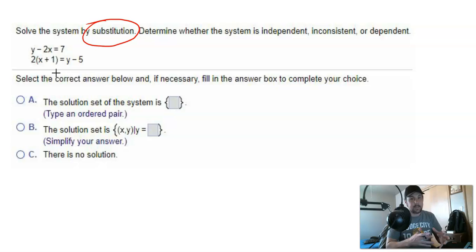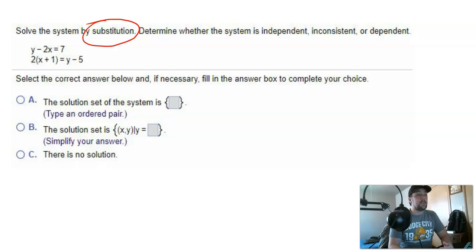It's going to be either inconsistent or dependent, but it's also serving the purpose of some more obstacles for doing the substitution method. The point I'm trying to make is we cannot just jump right into substituting here, because for substitution method to work, one of your equations has to be solved for one of your variables. And that is not the case here.